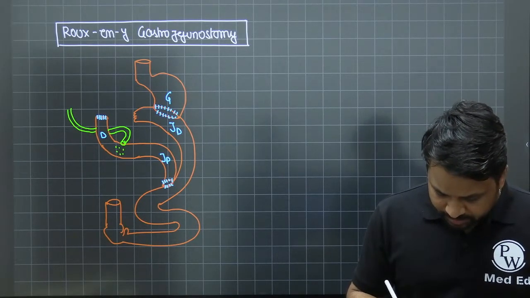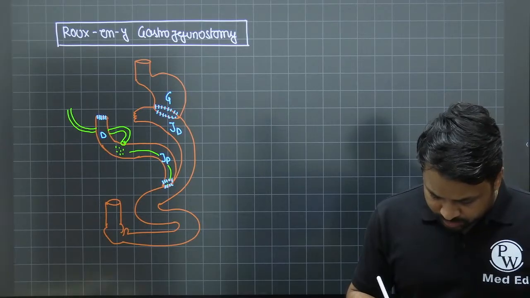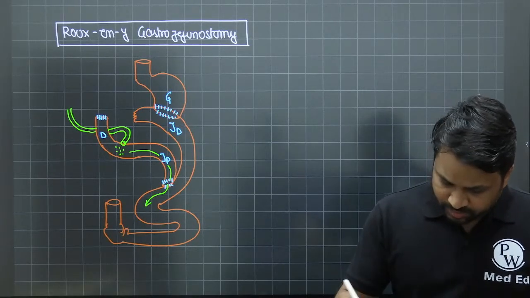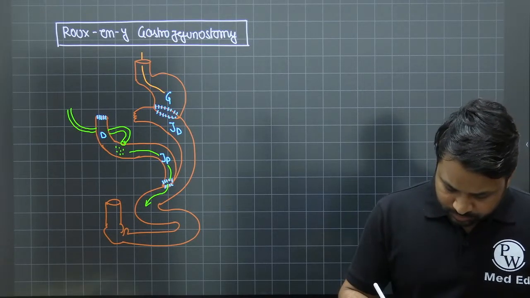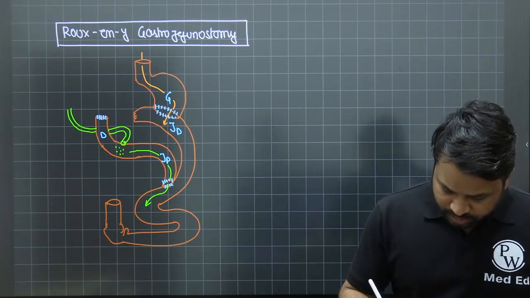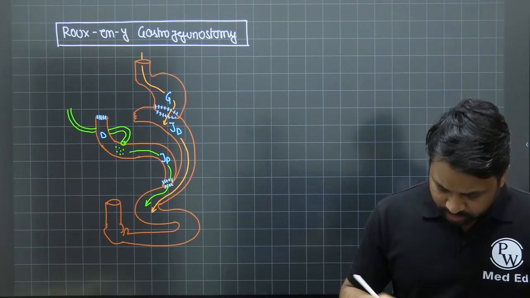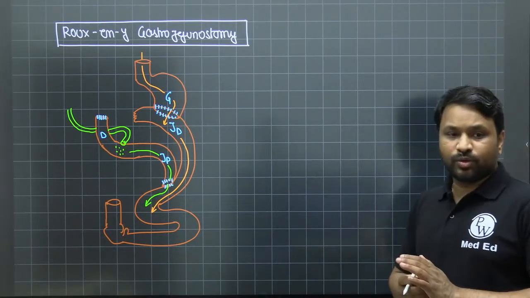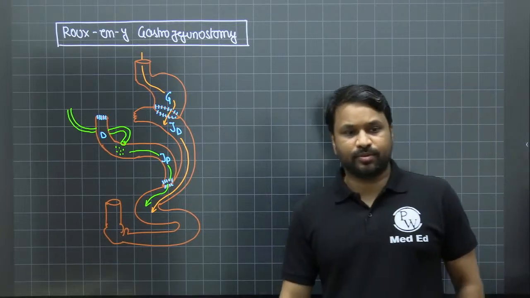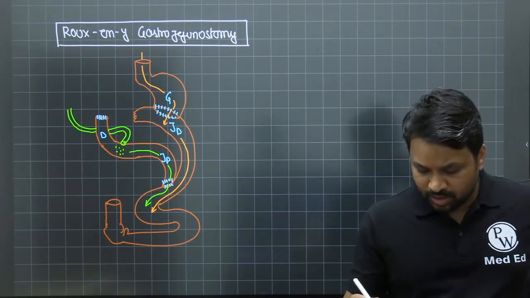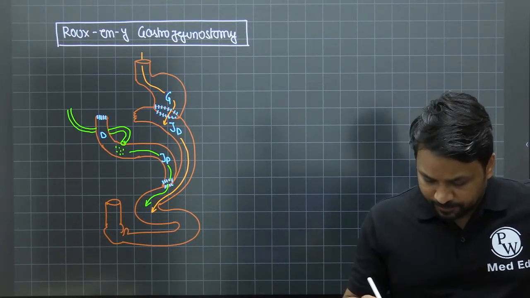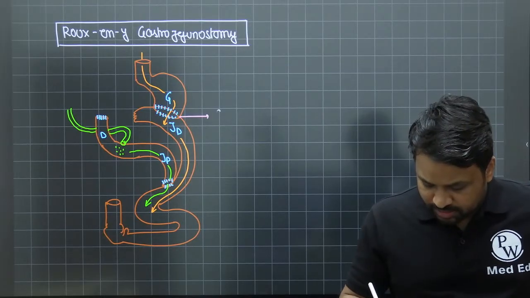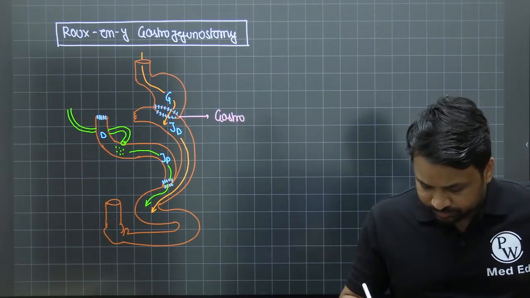You'll see the bile will flow through this particular channel, and the food that comes in through this channel continues, right? So this is for Roux-en-Y gastrojejunostomy.